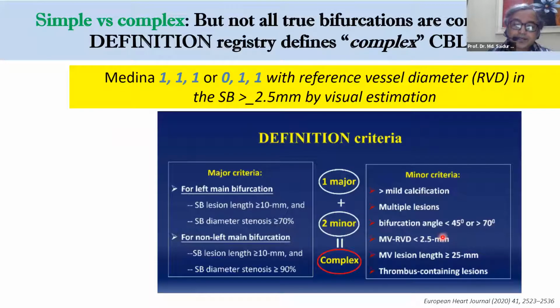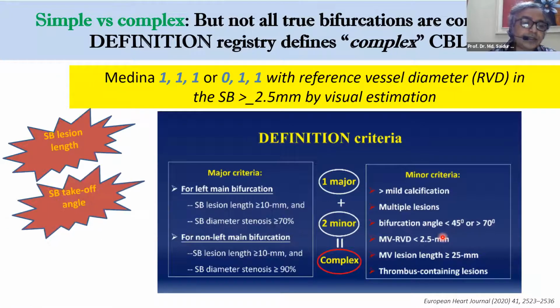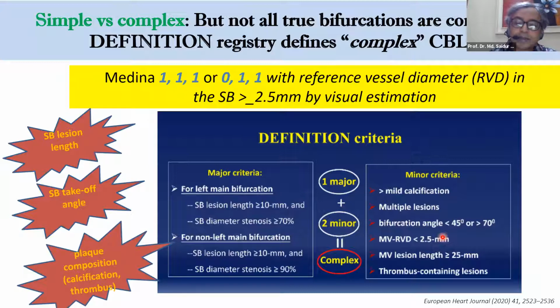But it has been shortened down to two to make it a complex true bifurcation, where by the definition criteria you will have 111 or 011 with the reference vessel diameter of the SB, the side branch, more than 2.5, along with the major and minor criteria, and along with the lesion length, the angles, and also the plaque compositions in the side branch.